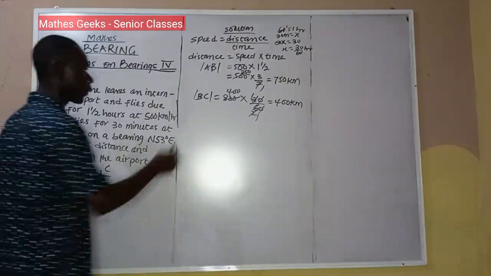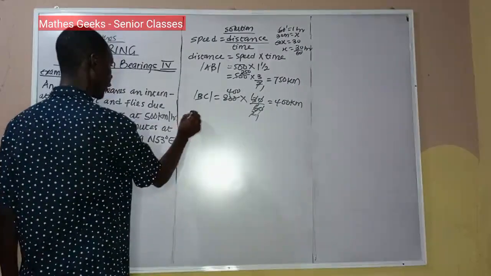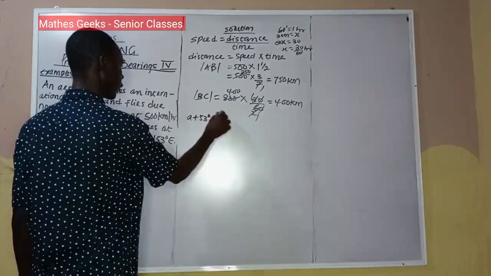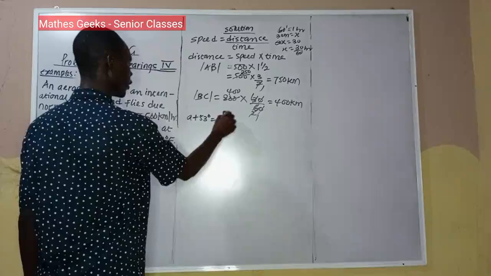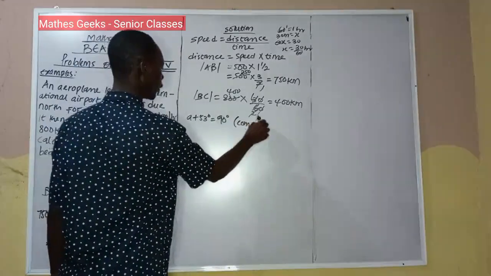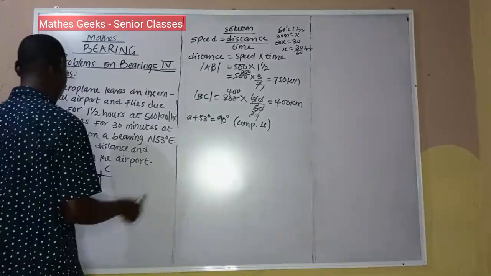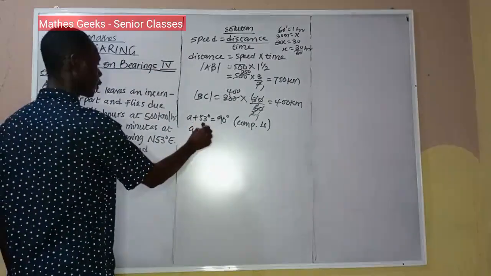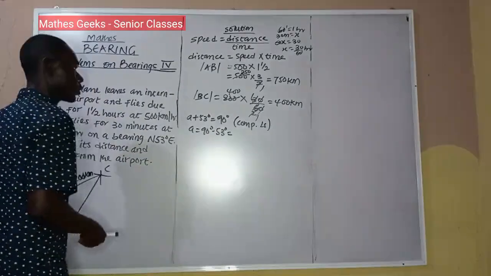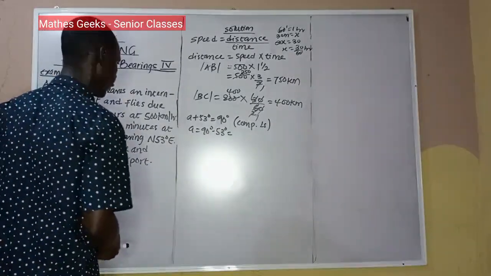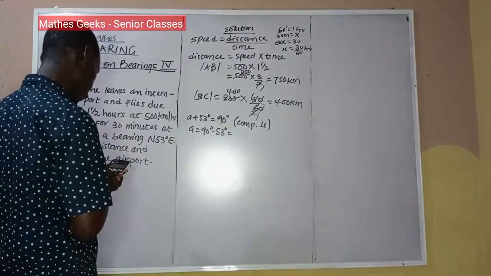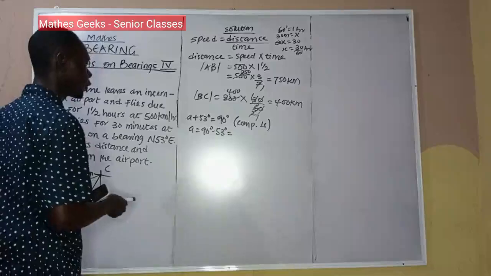Now A plus 53 degrees equals 90 degrees. Why? Complementary angles. A is equal to 90 degrees minus 53 degrees, that is 37 degrees.